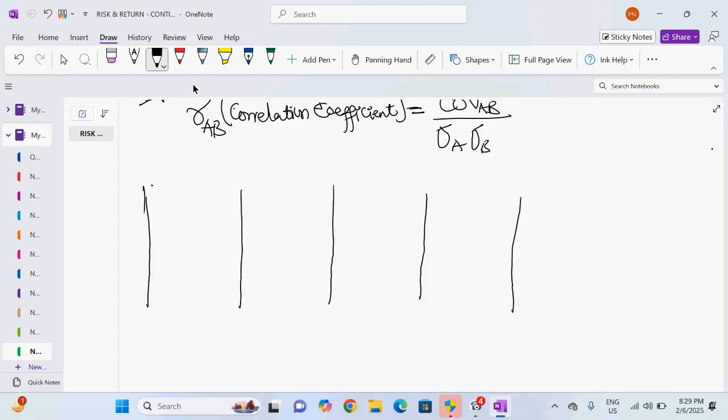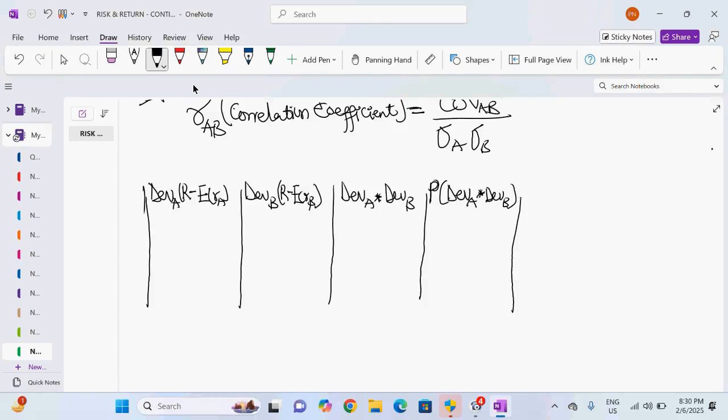So this is the deviation of A. The deviation of A is R minus the expected return of A. Deviation of B is R minus the expected return of B. Deviation of A multiplying deviation of B. Probability multiplying deviation of A and the deviation of B.